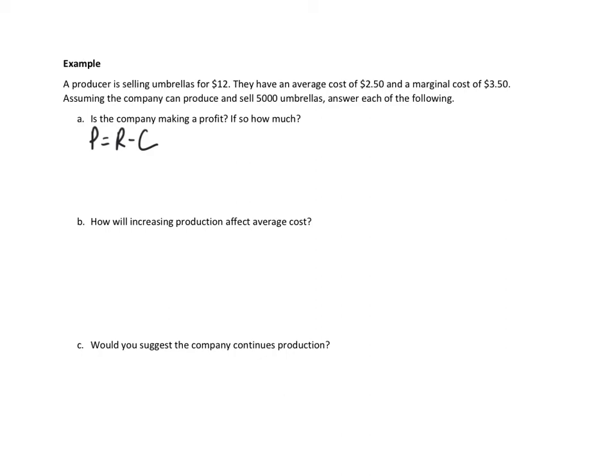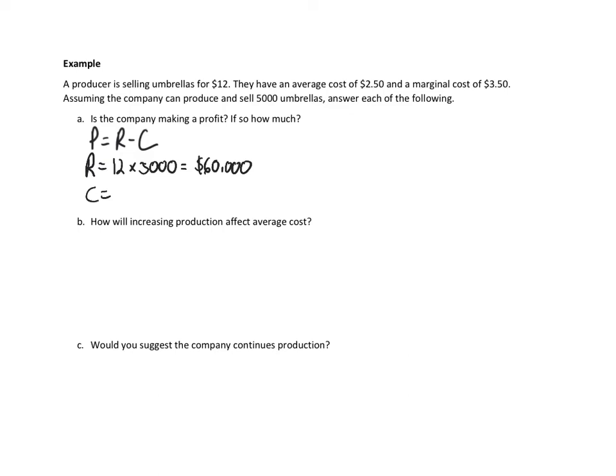So let's begin by determining revenue. Revenue equals the price times the quantity. If we're selling them for $12 and we're going to sell 5,000 of them, revenue will be $60,000. To get cost, we can now use average cost, because we know that is the total cost the company has incurred for an individual unit.